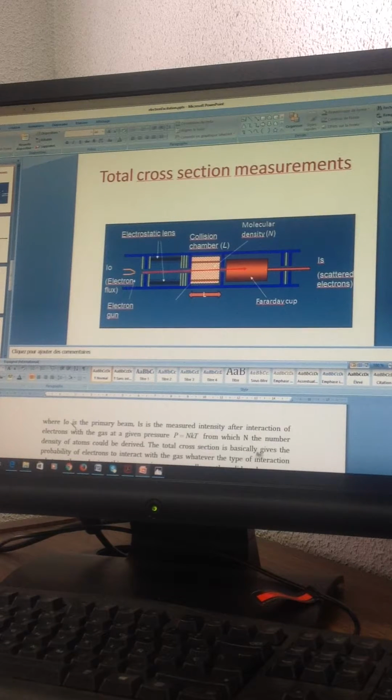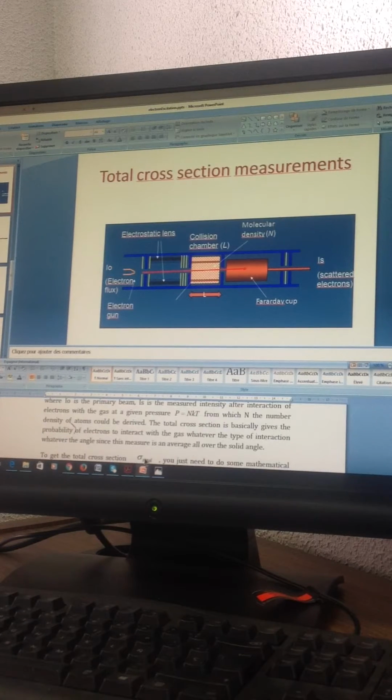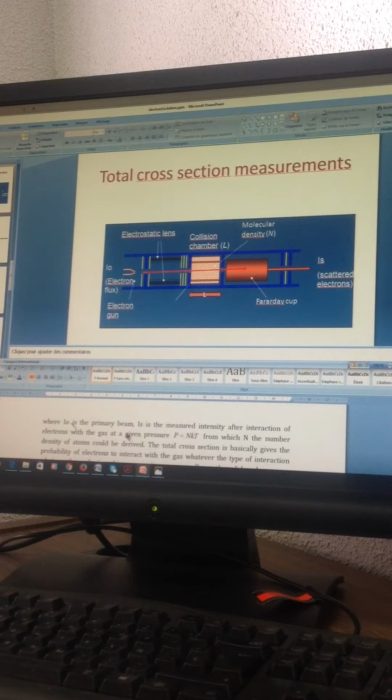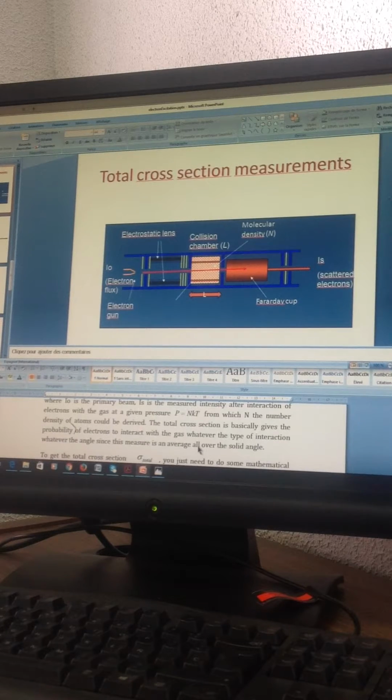The total cross-section gives you the probability of an electron to interact with the gas, whatever the type of interaction, whatever the angle, since the measure is basically an average over the whole solid angle.